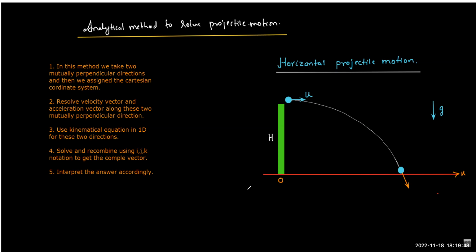Always remember, these choices are your choice, and no one is forcing you to choose this way. Okay. And then the y-axis is this way, is fine, right? You may have chosen this as the x-axis, this as the origin, and this as the y-axis.